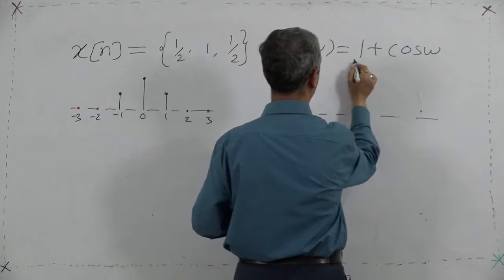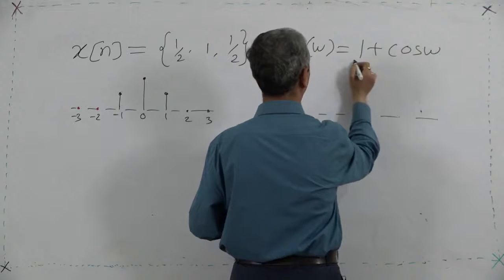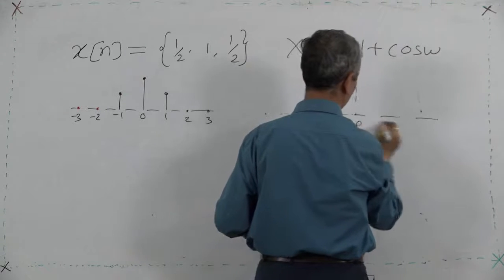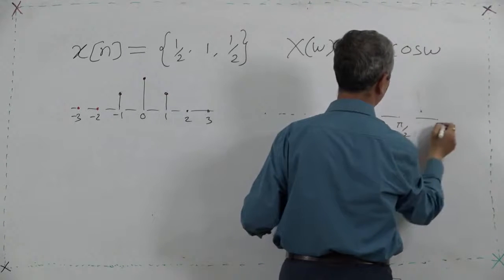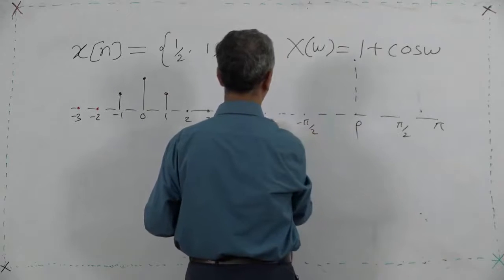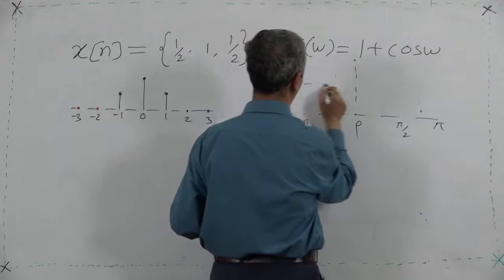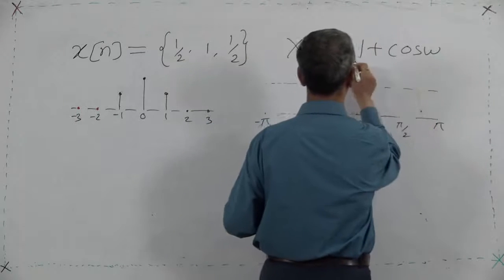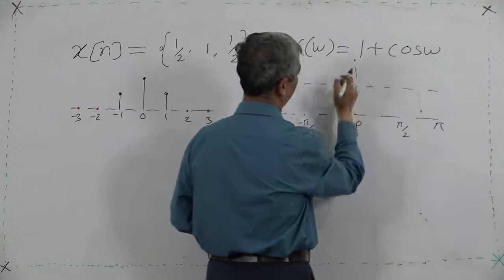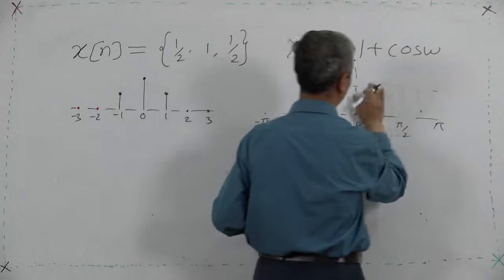The value is 2 at omega equal to 0, and it is 1 at pi by 2 and minus pi by 2, and 0 at pi and minus pi. It is straight away a cosine waveform with 1 added, so 1 plus cos omega.